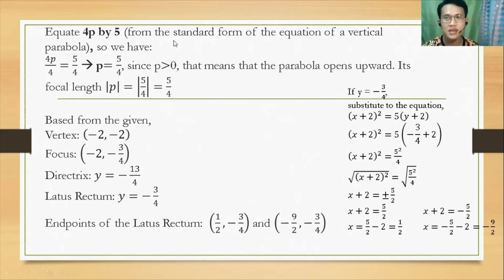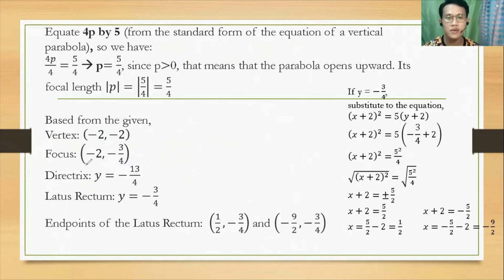So for the focus, you have -3/4 because -2 plus 5/4 units, so you get -3/4. And then for the directrix, from the vertex, you need to move 5/4 units below.